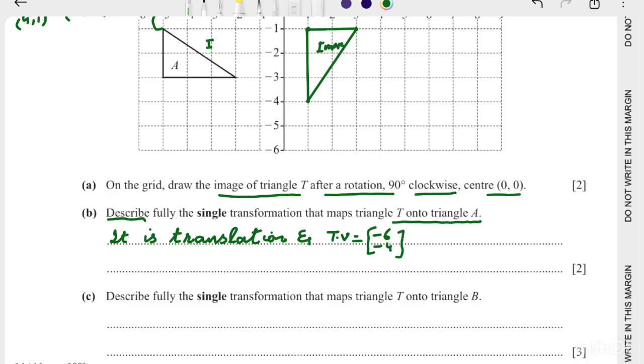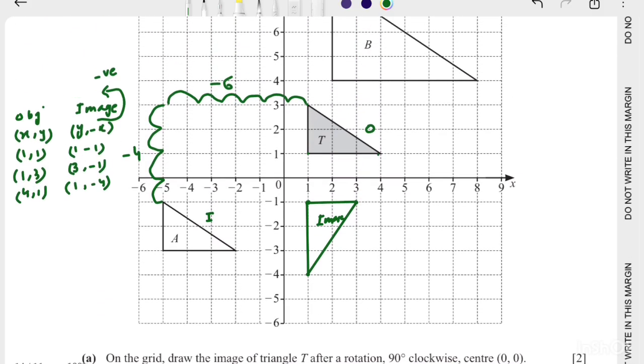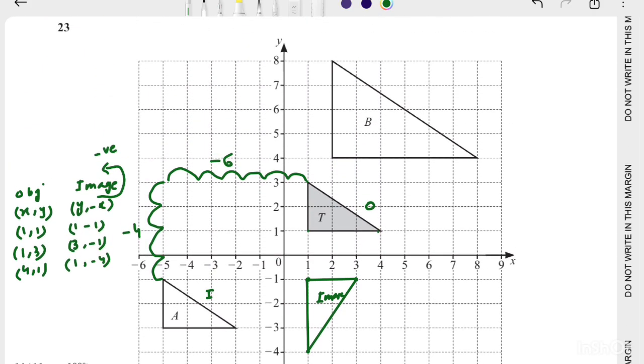Now C part, describe fully the single transformation that maps triangle T onto B. So definitely this is an enlargement case. So for that purpose we need to know two things.